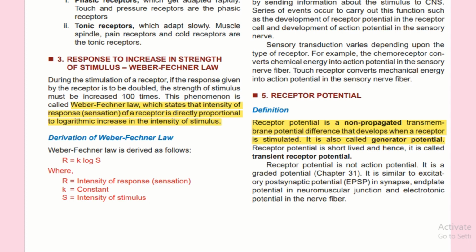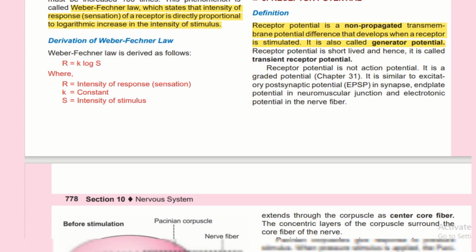Receptor potential is not your action potential. There is a difference between action potential and your receptor potential. It is a graded potential. It is similar to excitatory postsynaptic potential, your EPSP in synapse, and end plate potential in the neuromuscular junction, and electrotonic potential in the nerve fiber.